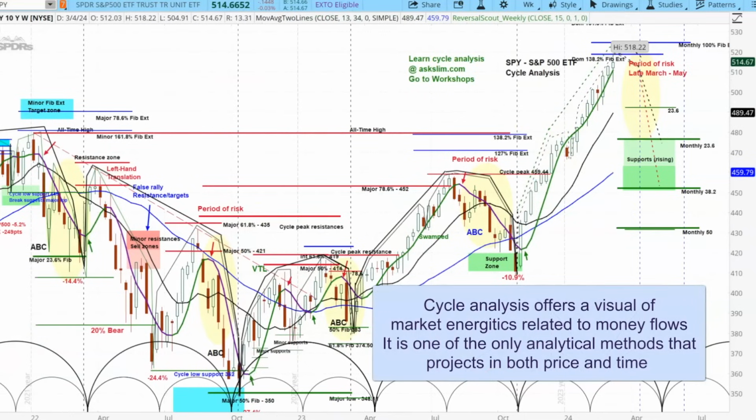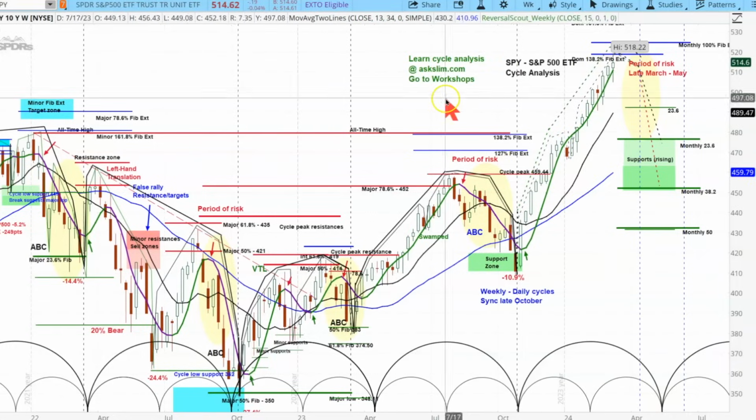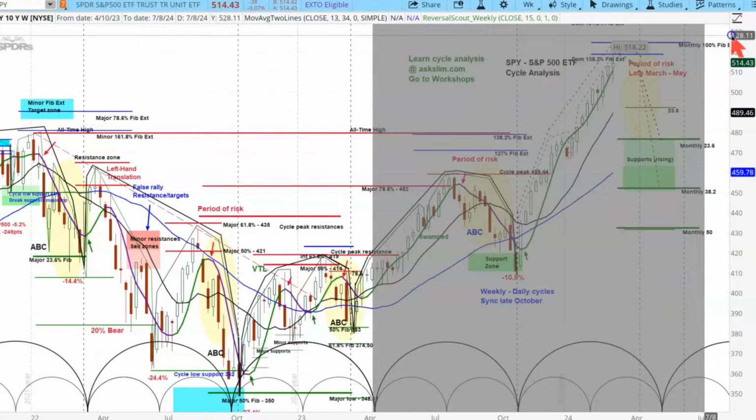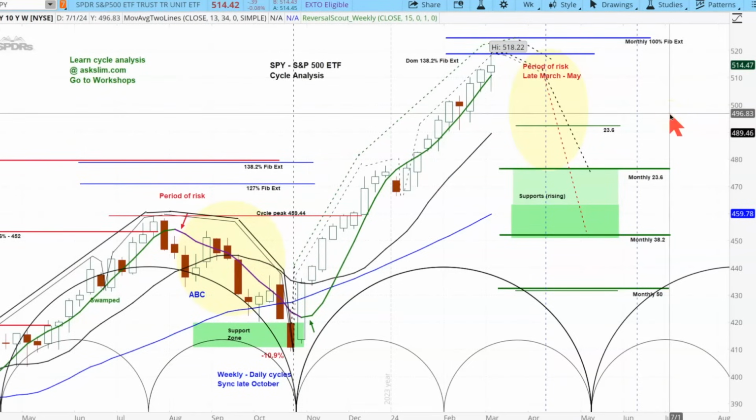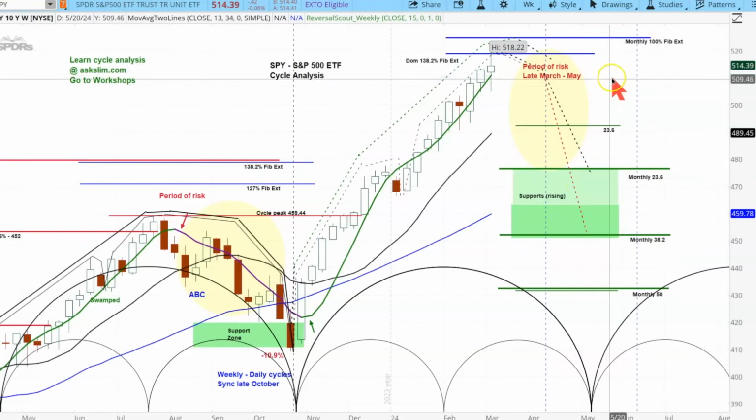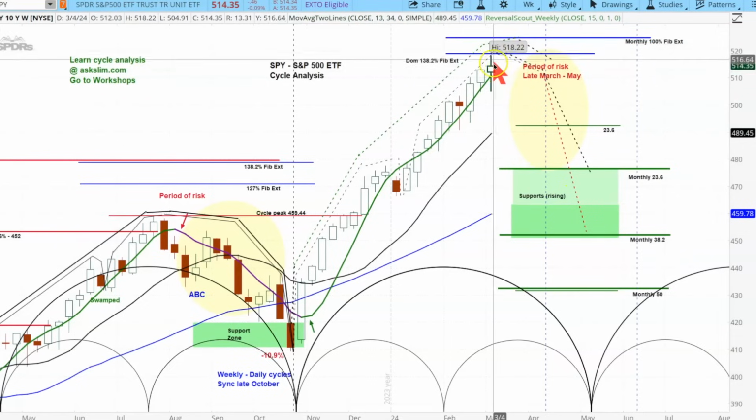And you can see that right in here in each of those areas of where the yellow ovals are. Those are the periods of risk, and the market does fall. Our period of risk that we're showing in here begins sometime in late March and then goes all the way through potentially through May. So this looks to us like there will be a topping in here.